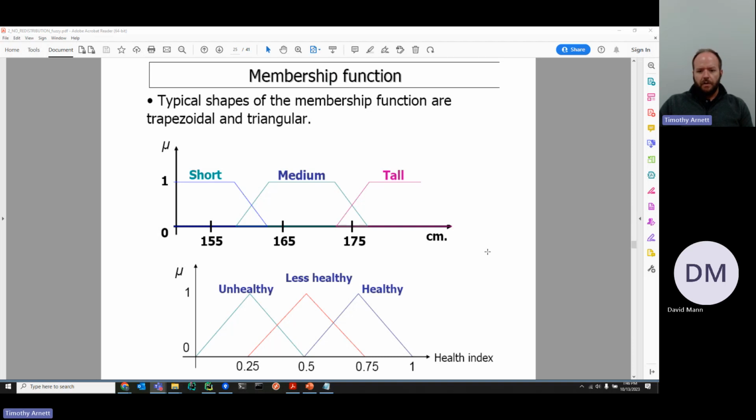So we're starting to get into fuzzy inference systems and having multiple membership functions that represent the input space. What we've seen up until now in most examples is just a single membership function that represents a portion of the input space.